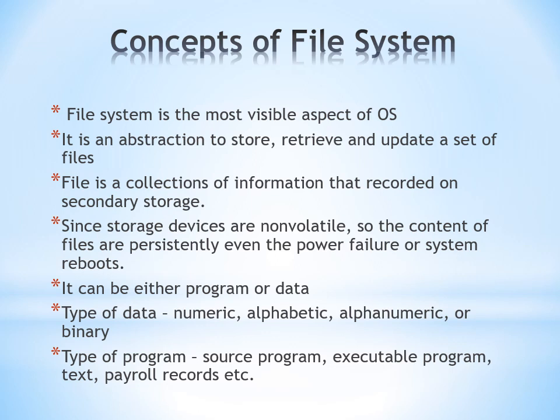So the content of the file remains permanently stored even after a power failure or when the system is rebooted. A file can be either a program or data. The types of data can be numeric, alphabetic, alphanumeric, or binary. If the file is a program, it can be a source program, executable program, text, file records, and so on.